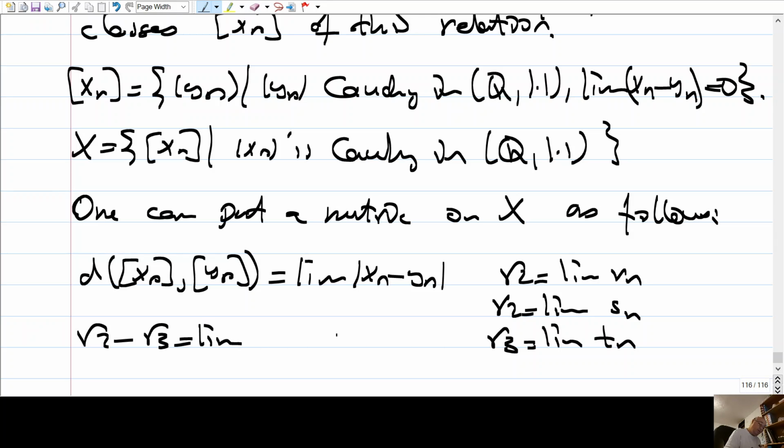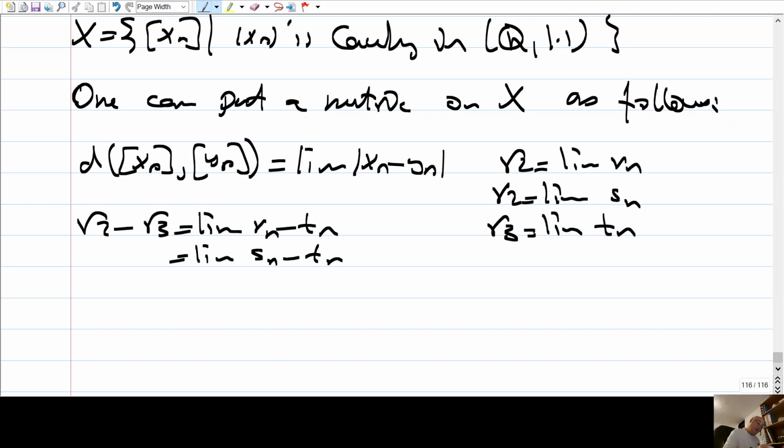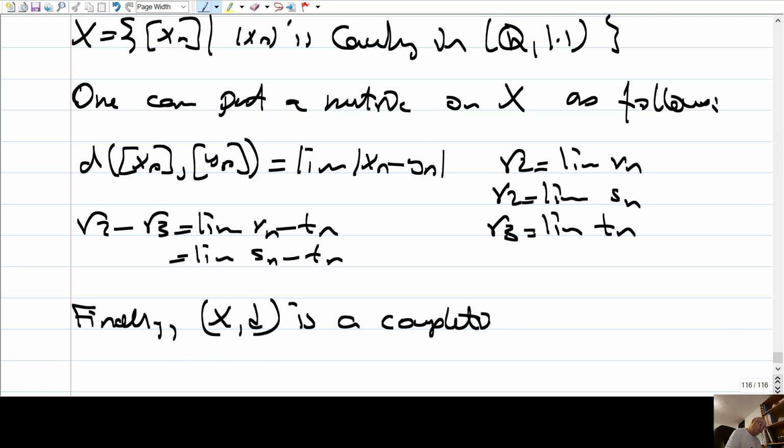The limit of Rn minus Tn, or the limit of Sn minus Tn. It doesn't matter which one you choose because they all converge to root 2. So the basic idea is this. And finally, you show that this metric space with d is a completion of Q with the absolute value metric.